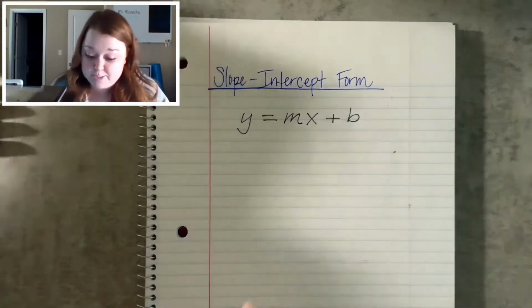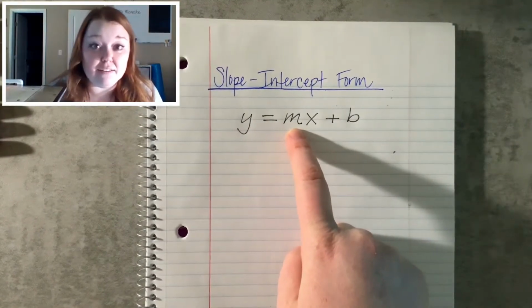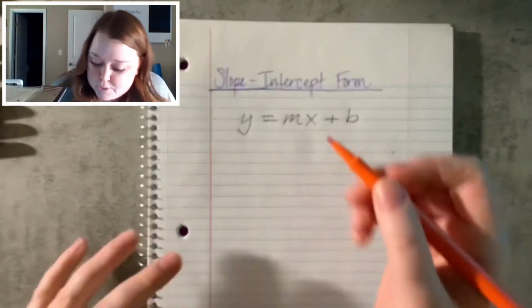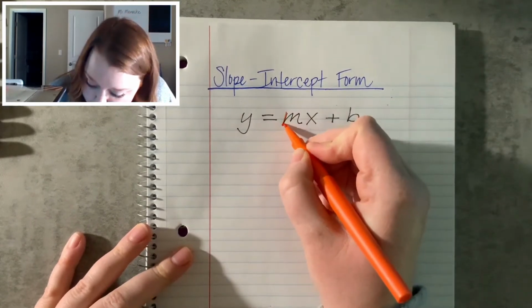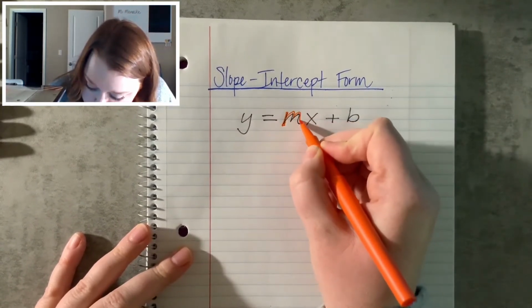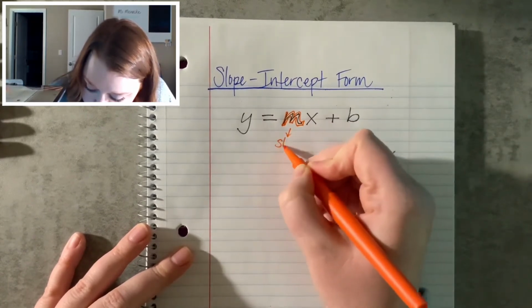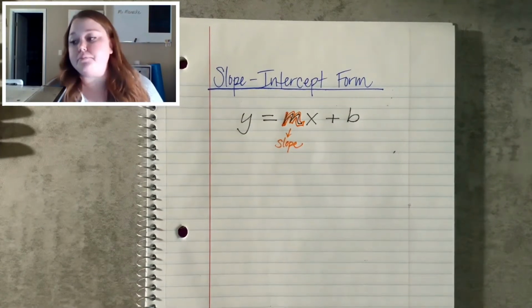So let's test it out. What does m represent? We've been doing that. m is your slope. I want you to circle that or highlight it, whatever you want to do to tell yourself that the m is your slope. That's like your rise and your run.